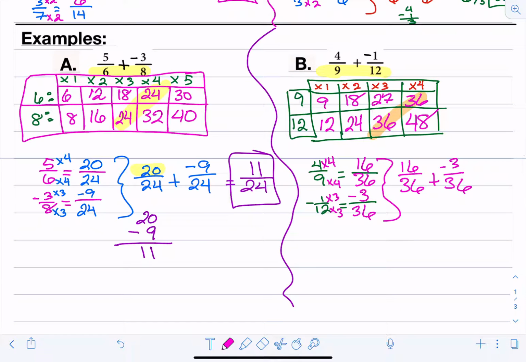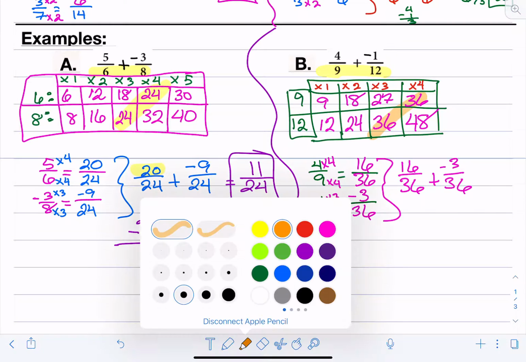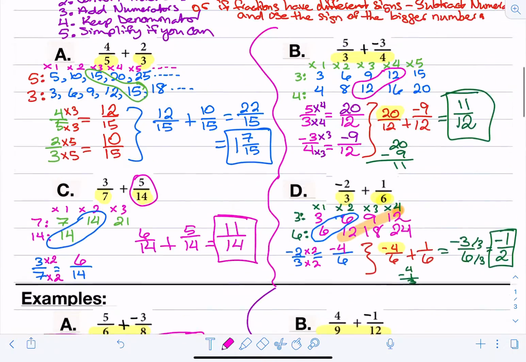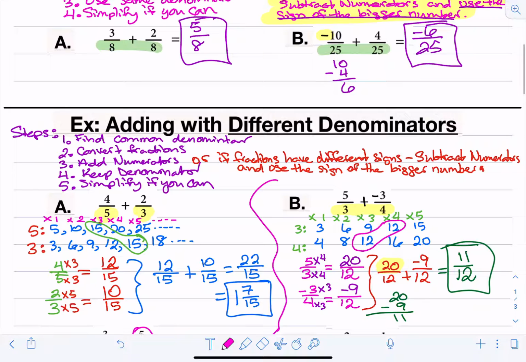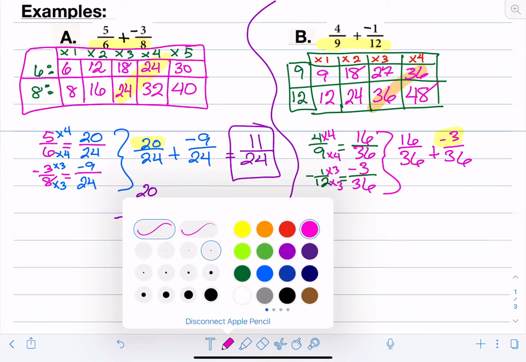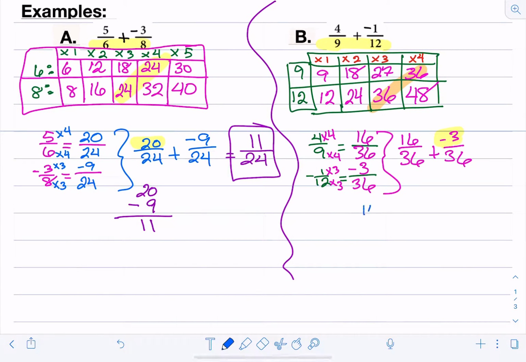They have different signs because that 3 is negative and the 16 is positive. So we're going to have to do the, if fractions have different signs, subtract the numerators and use the sign of the bigger number. So I'm going to subtract my numerators, 16 minus 3, and I get 13. Okay, so that's 13 on top.